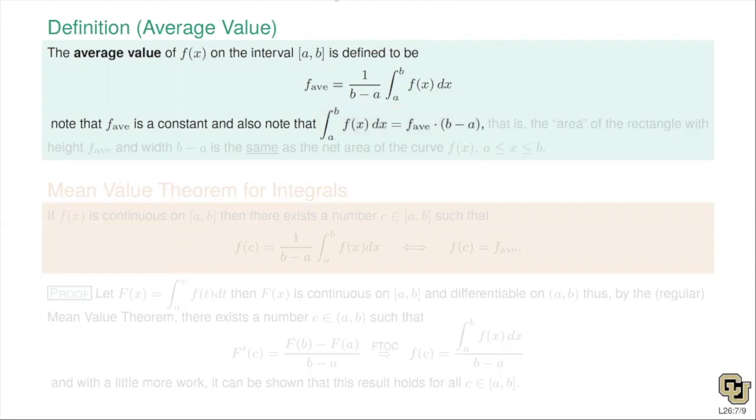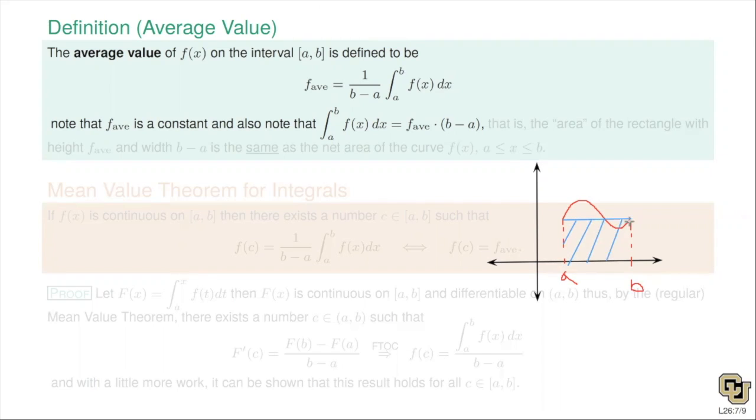So here, let me draw a quick picture just to show you what I mean. So suppose we have, and I'm just going to make up a function, a function like this. It's just like that. And so here's A, and here's B. The average value is basically some height where if I calculate the area of this rectangle, so this height here is f sub AVE.